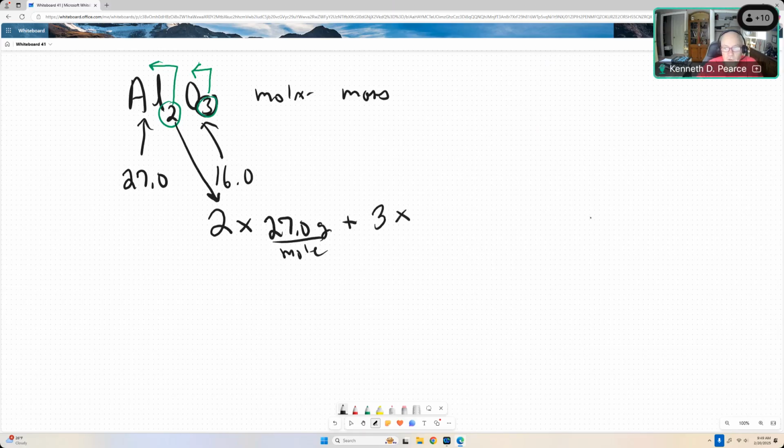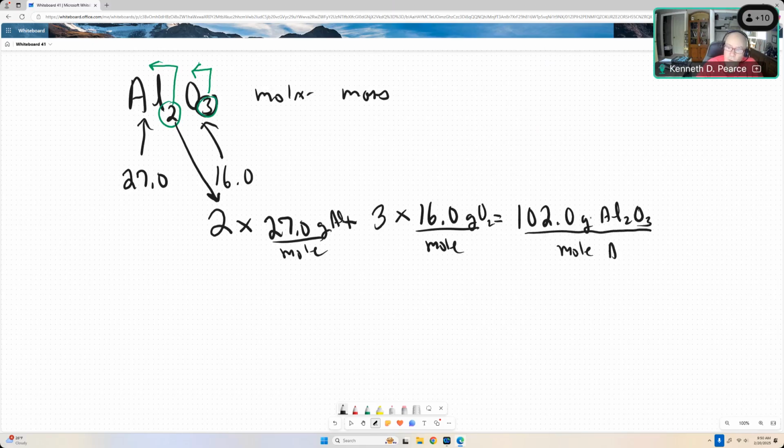We're going to say 3 times 16.0 grams per mole. And we add them up and we should get 102.0 grams aluminum oxide for every mole aluminum oxide.